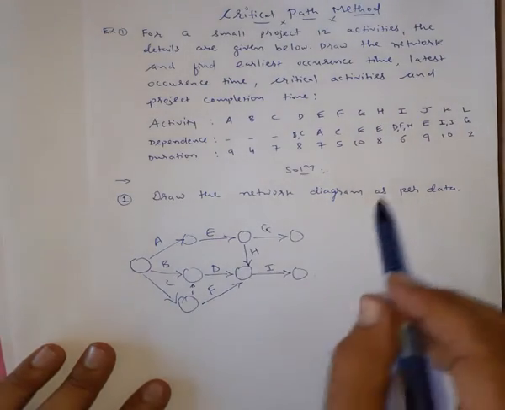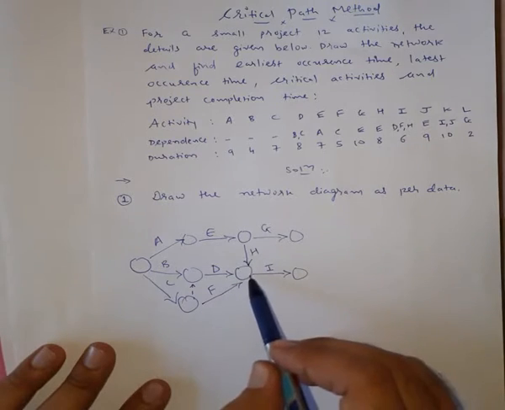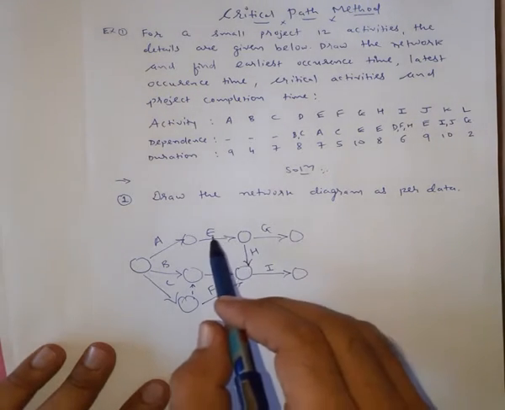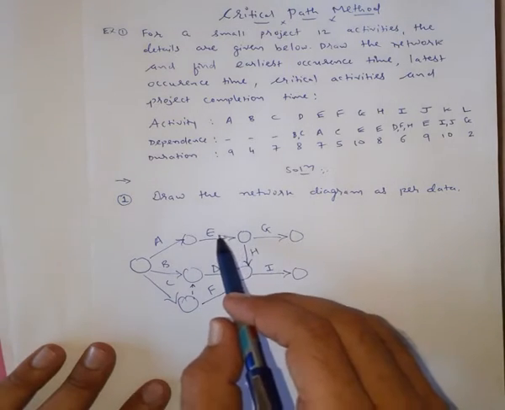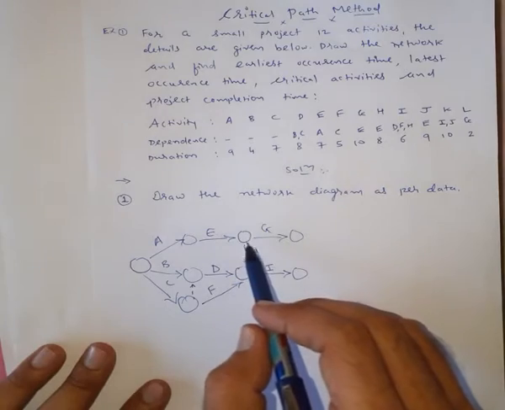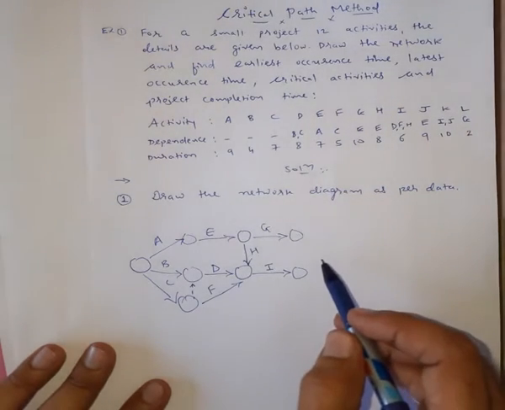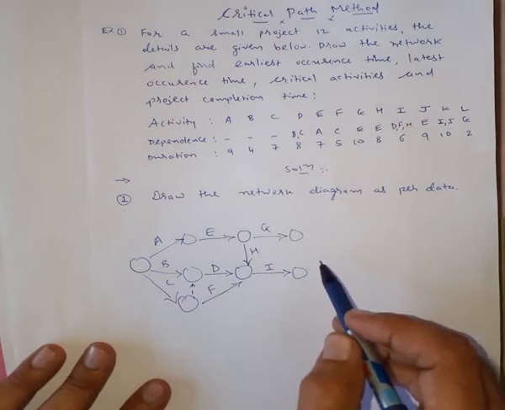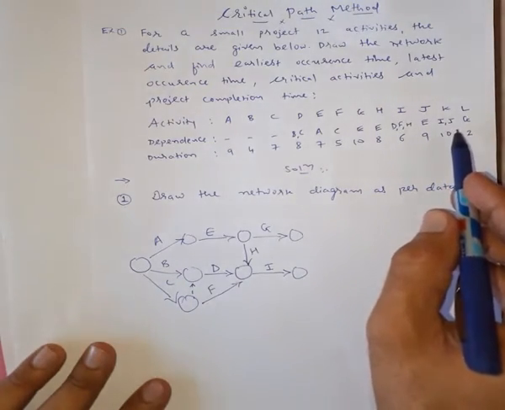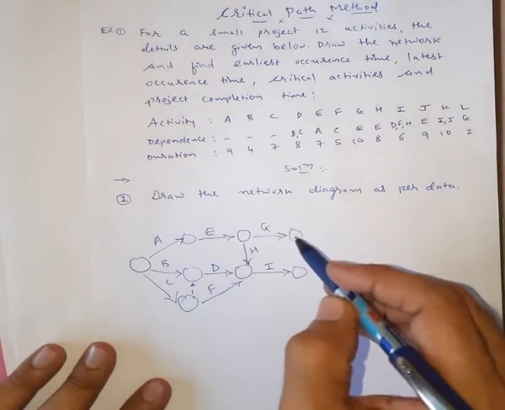Now you can see activity I will only start after the completion of H, D and F. So from that we had extended activity I, and H is dependent on the completion of E, so I have taken H out after the completion of activity E. Now comes activity J. Activity K depends on the completion of I and J. So I can draw like this.